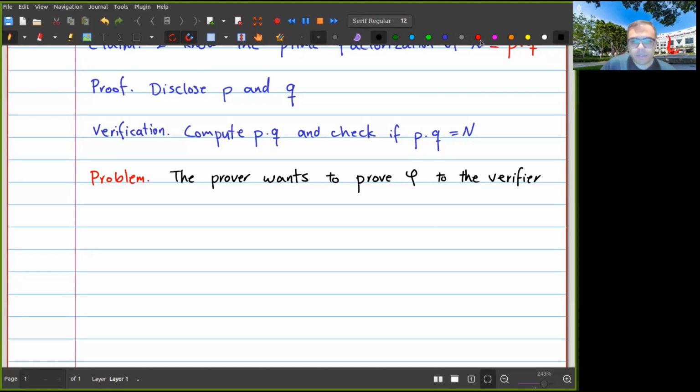Now, since we always give names to people, the prover is usually called Peggy, and the verifier is usually called Victor. So Peggy wants to prove some statement phi to Victor, but she does not want to leak any information.